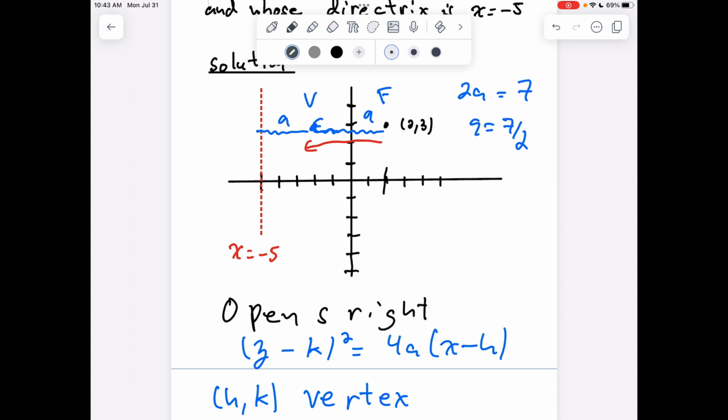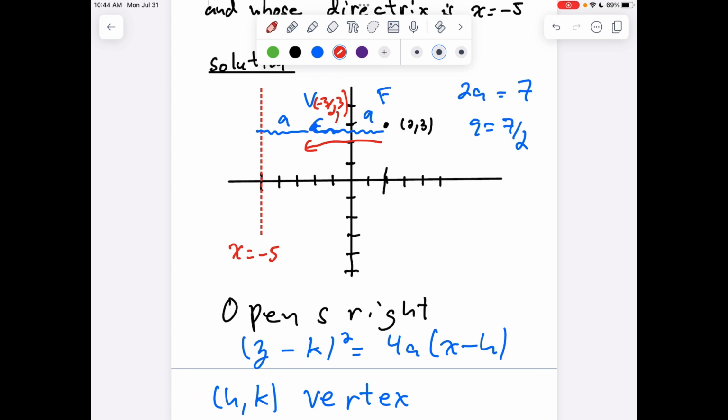If you were to subtract 7/2 units from that point (2, 3), subtracting it from the x, you would have 2 minus 7 halves, which is negative 3 halves. So your vertex here would be (negative 3 halves, 3).